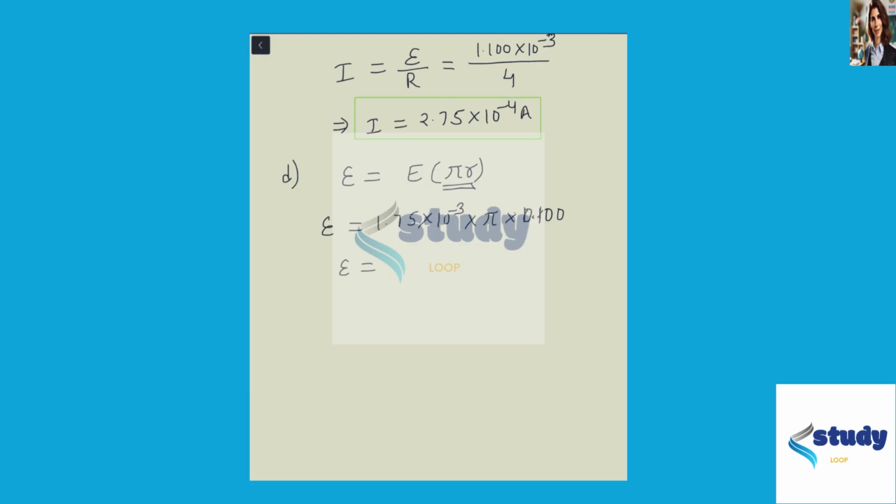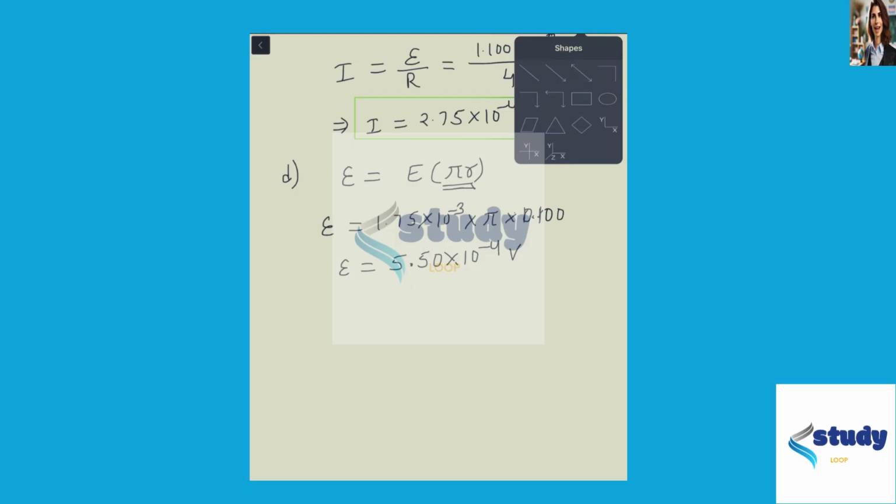After solving it, the EMF will be equal to 5.50 multiplied by 10 to the power minus 4 volt. This is the induced EMF between points A and B. So this is the answer for part D.